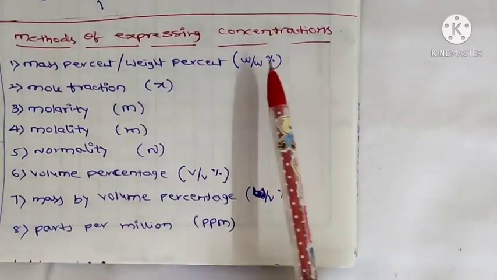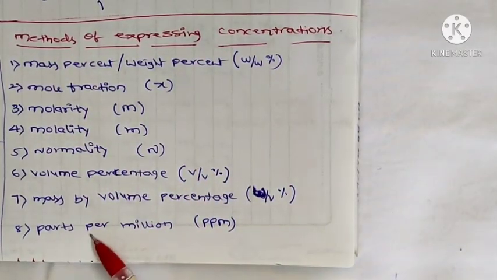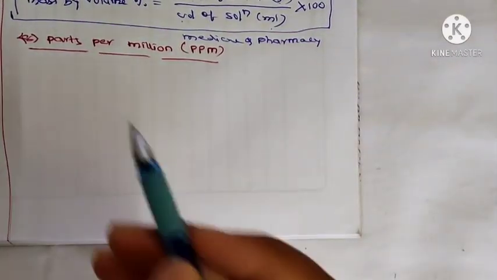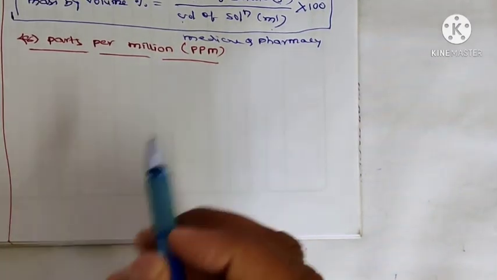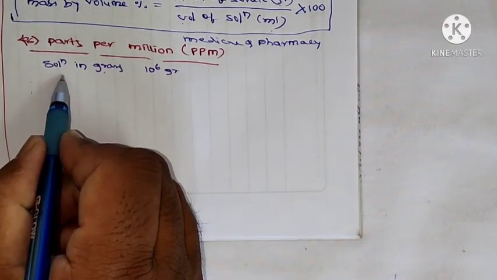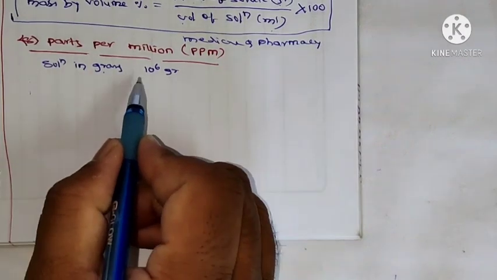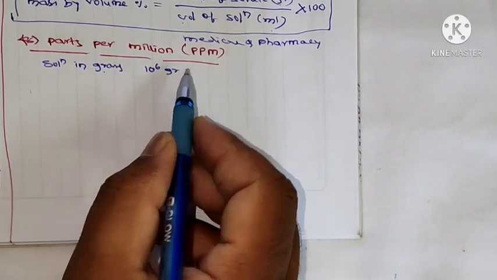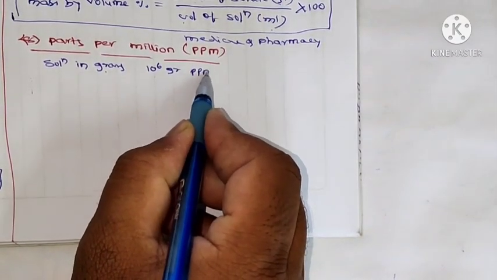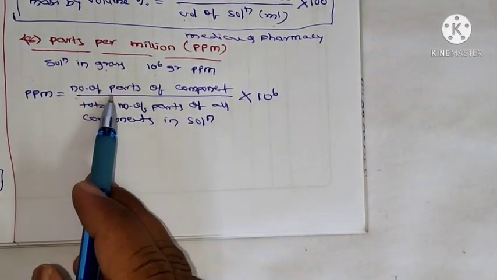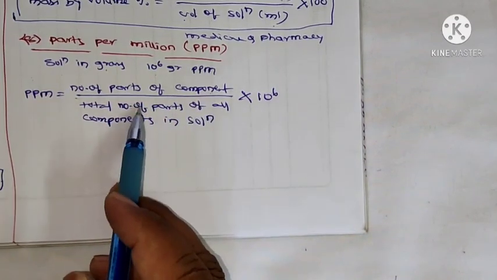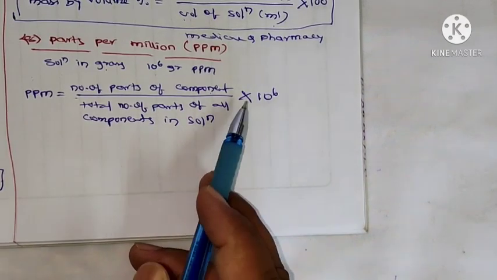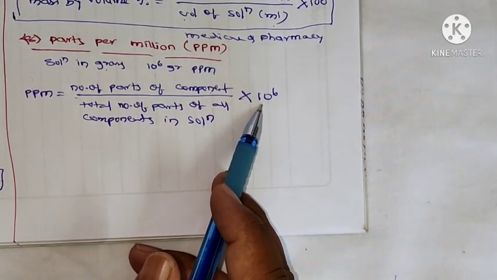Next, methods of expressing concentration. The last one, parts per million, ppm. The quantity of the solute in grams present in 10 to the power of 6 grams of the solution is called ppm, parts per million. So ppm is equal to the number of parts of the component divided by the total number of parts of all components in the solution, into 10 to the power of 6.